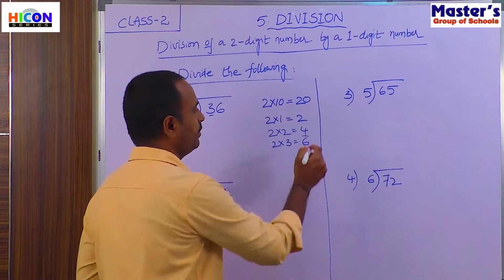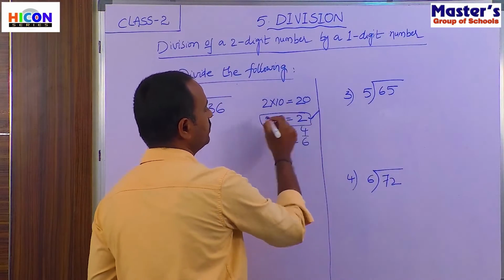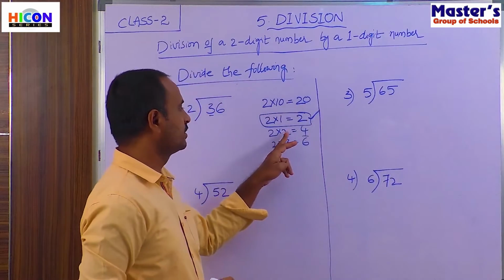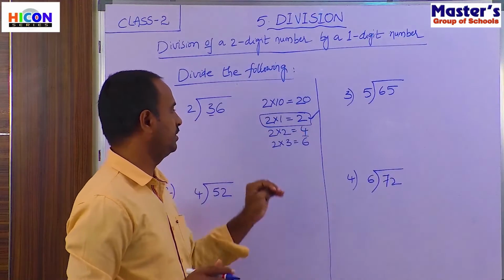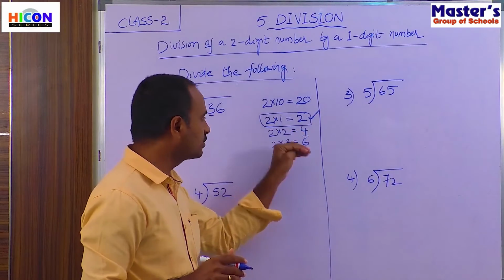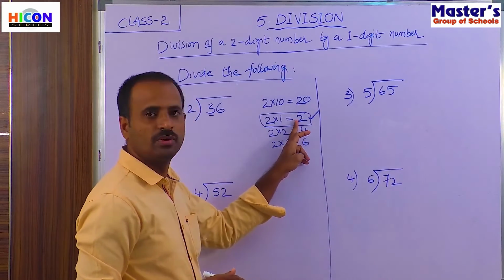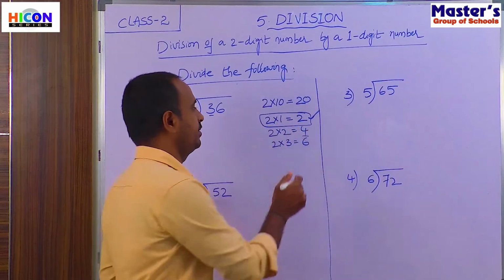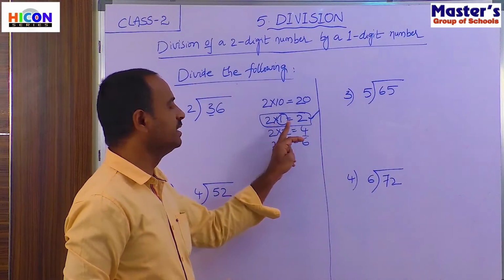So what is its before number? Now take 1 time. If you take 2 times, we will get 4 and the 4 will be more than 3. So that's why we should not take 2 times. So you have to take its before number. What is the before number for 2? So we have to take 1 time. That is 1 times 2 is 2.